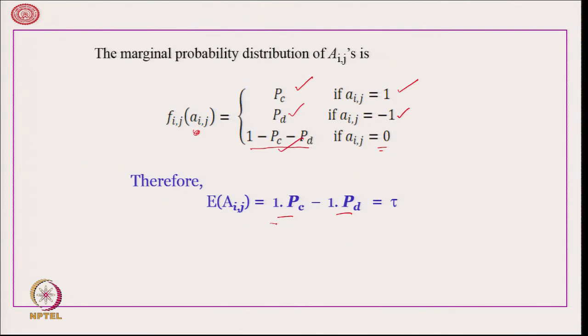In other words, what we have is 1 times Pc minus 1 times Pd, which is equal to the value of tau. Therefore, this A_ij helps us in estimating the value of tau.